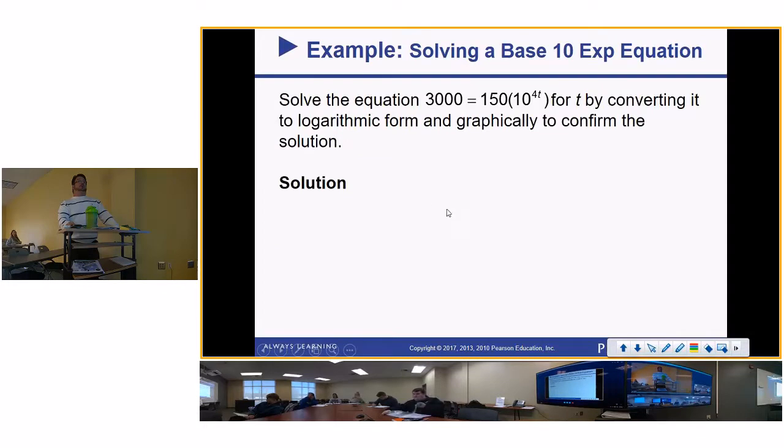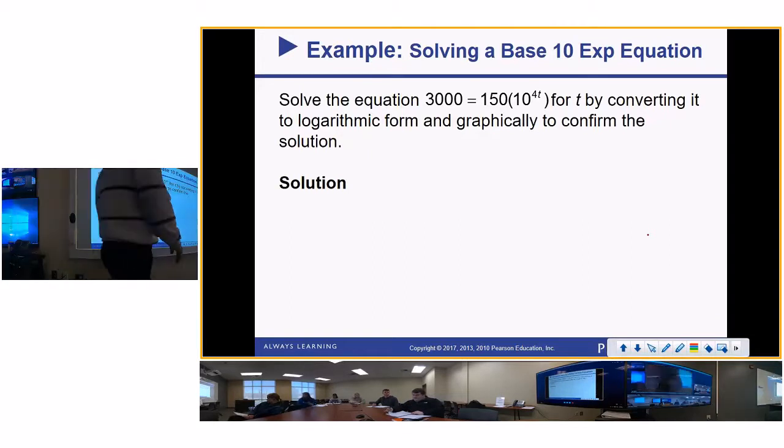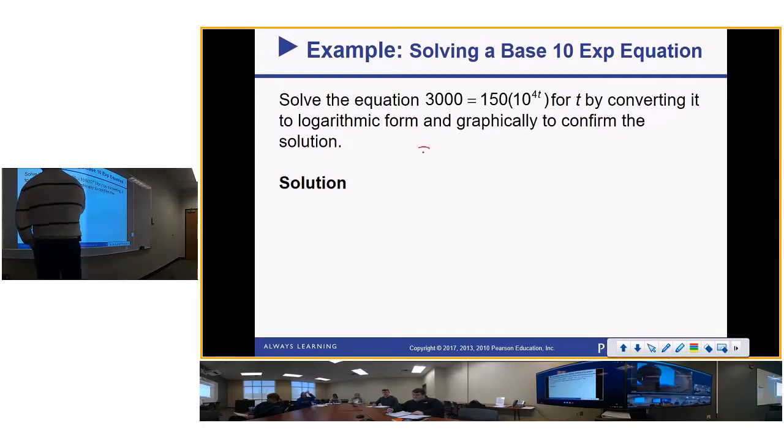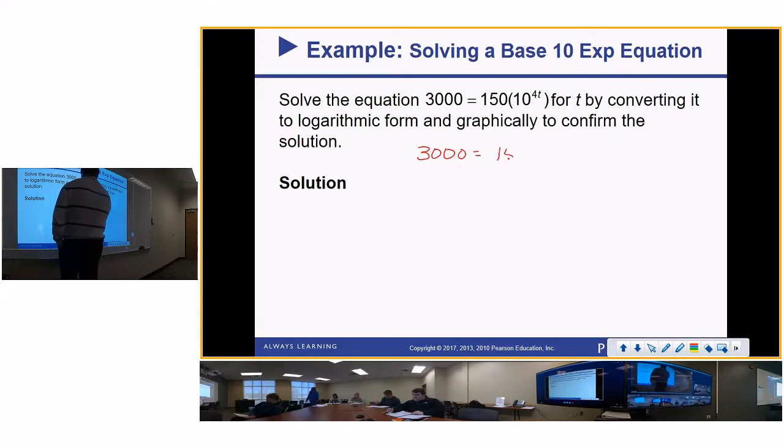Okay, here is one. I think we already started this one. Solve the equation for t by converting it to a logarithmic form. All right, first of all, you can simplify this. Okay, well, 3,000 is equal to 150 times 10 to the 4t.